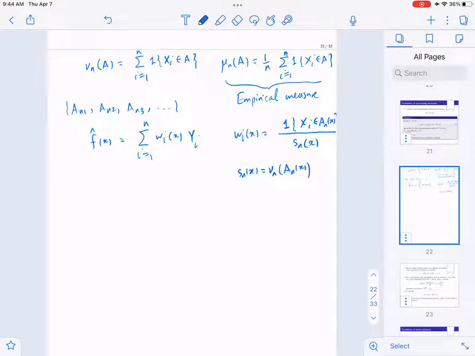So if you think about this, this is the cell that contains x, and this counts how many data points there are, and each one gets a weight 1. So this is just averaging over those data points.